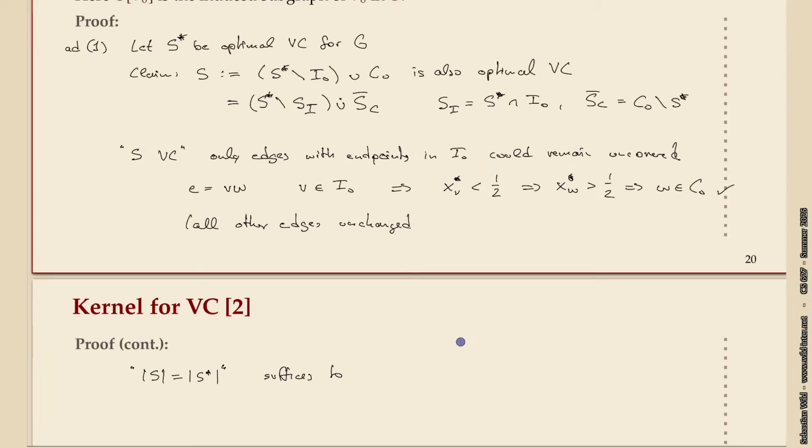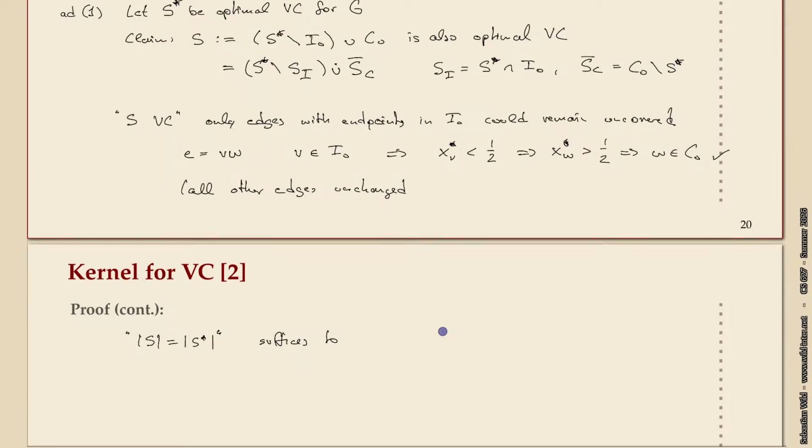And the way we've rewritten our construction for S, so here, the dot above this union means disjoint union. It's just a way to express that I know that the two sets will be disjoint. There's no notation for disjoint set difference, but if there was one, it probably would be a backslash with a dot above. I don't know, right?